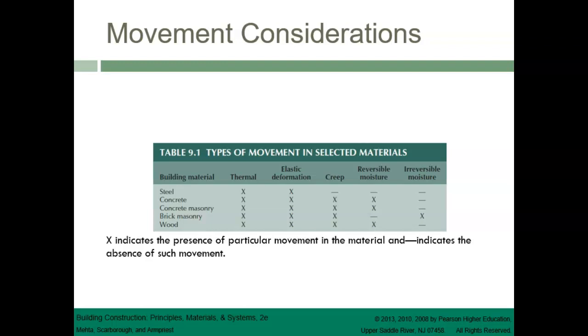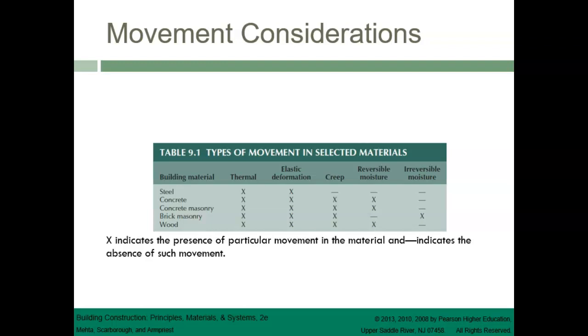In common construction materials, steel, concrete masonry, brick masonry, and wood, several different movement types must be considered in designing structures using these materials. For example, with steel, thermal and elastic deformation must be considered in the design of the movement joint.